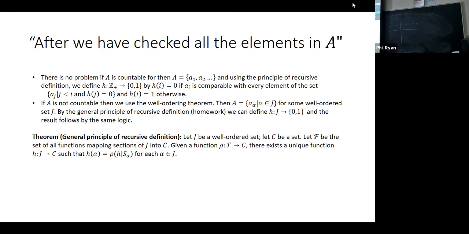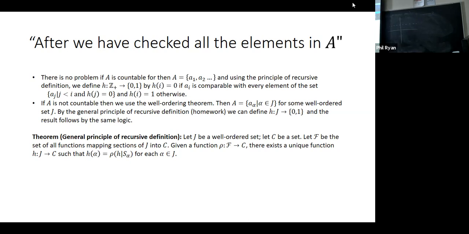And so that allows us to do recursive definition over uncountable sets. So straight away we can see that we need the well-ordering theorem to imply the maximal principle.